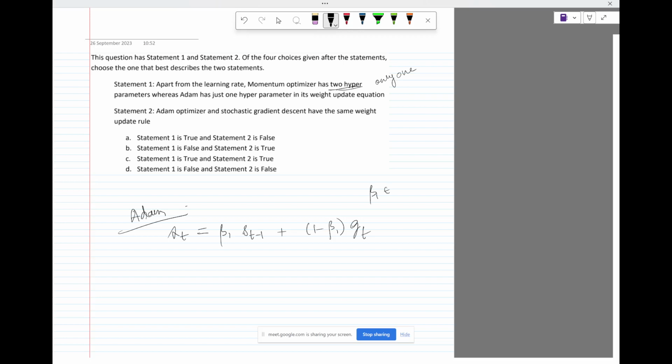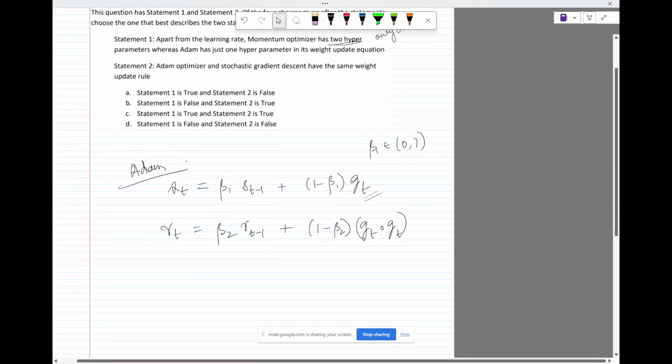This beta 1 is some value between 0 and 1, and this is your first order moment. And then you have r_t = beta 2 r_{t-1} + (1 - beta 2) g_t squared. This is your second order moment. Beta 2 is also between 0 and 1, and you do a bias correction here.